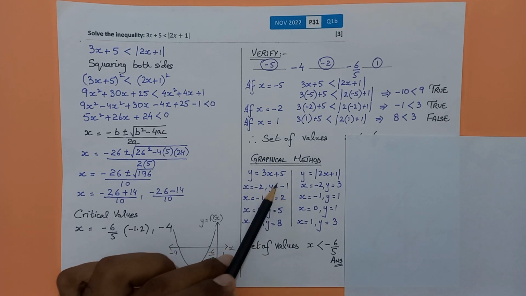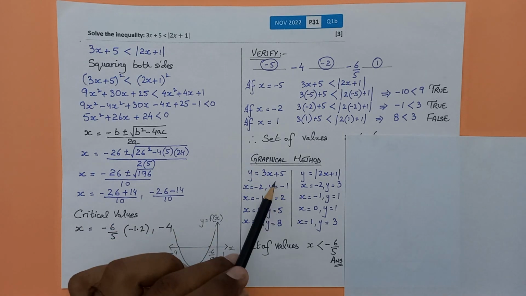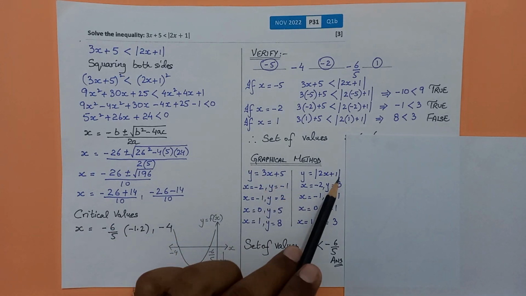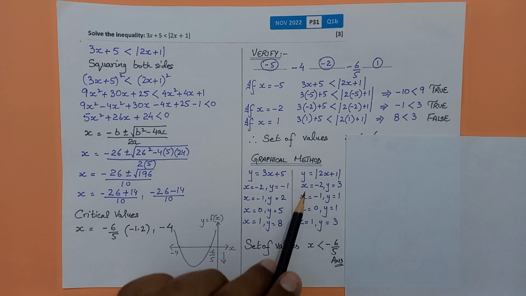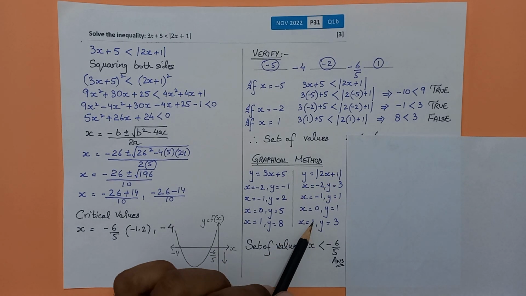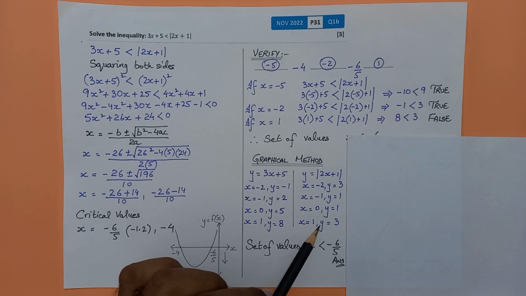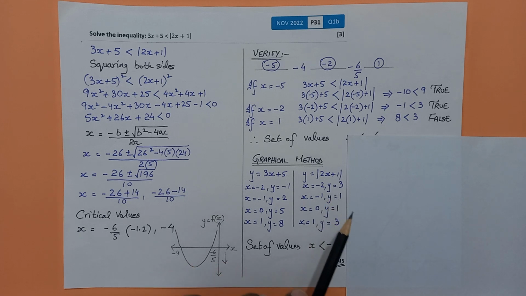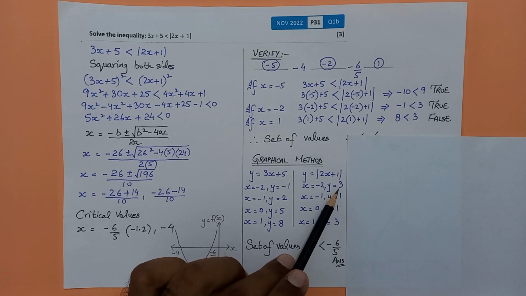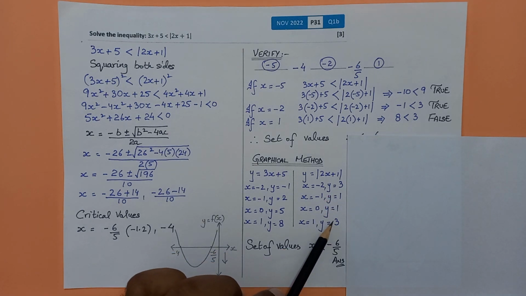Therefore we had one negative value, and that means we can have negative values of y. But over here, because we have a modulus sign and we know that the modulus is never negative, the modulus is always positive or 0. The minimum value of a modulus is 0 or a positive. That is why you can observe that all the values of y are positive.